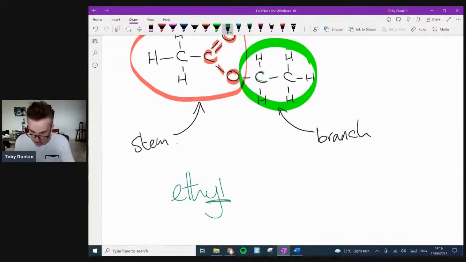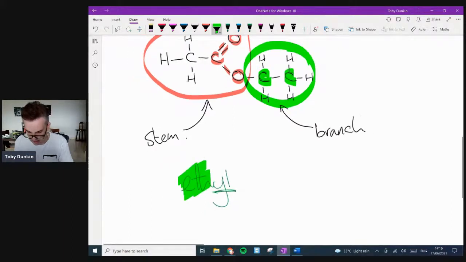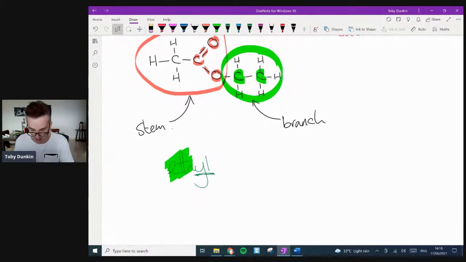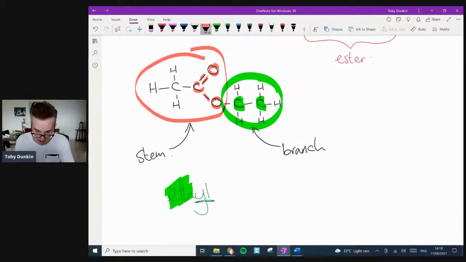There are 2 carbons in this. We can see those 2 carbons there, so hence the eth. So ethyl. Now there's 2 carbons in this guy, so that's now going to be ethyl ethanoate, since it's got a carbon-carbon single bond.